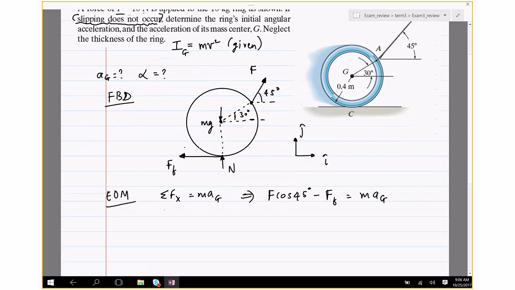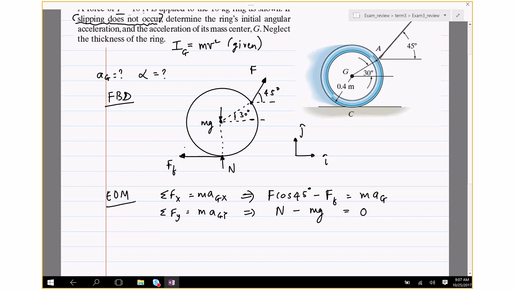The second equation is F_y equals mass times acceleration of G in the y direction. So the net force in the y direction is N acting upwards, so it's positive, mg acting downwards, so it's negative, equals the mass times acceleration, that is 0. So N is mg.